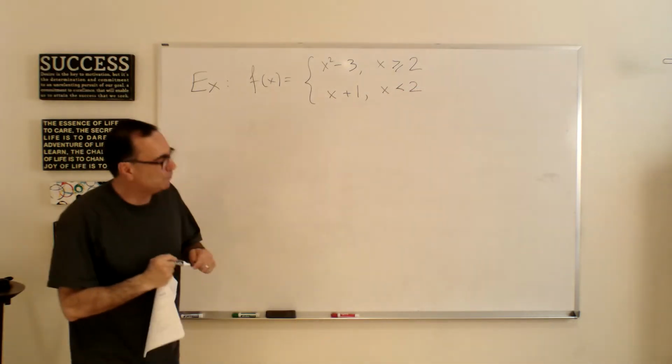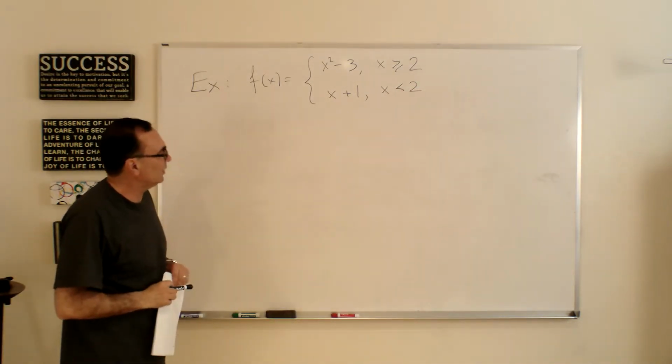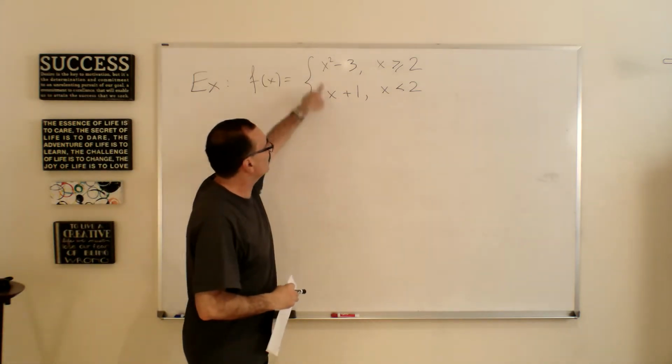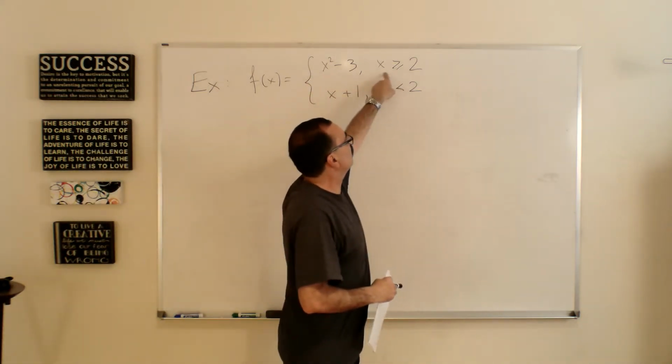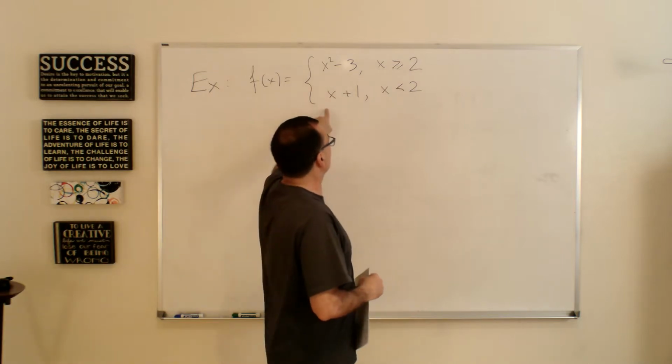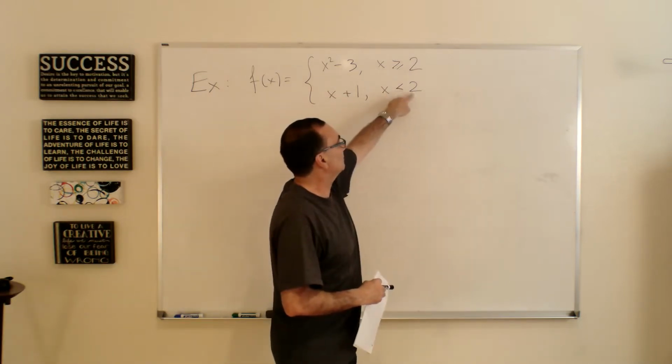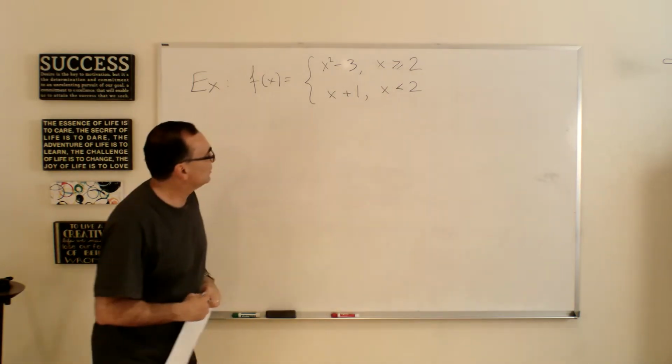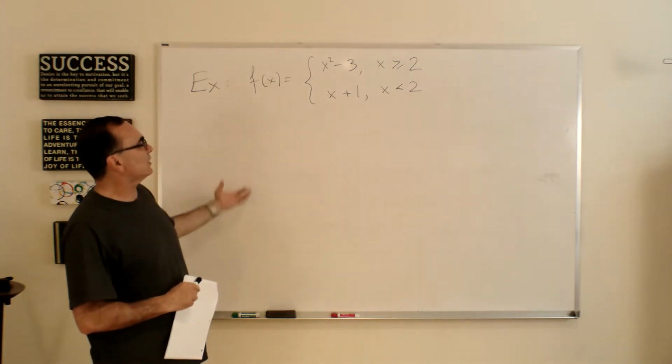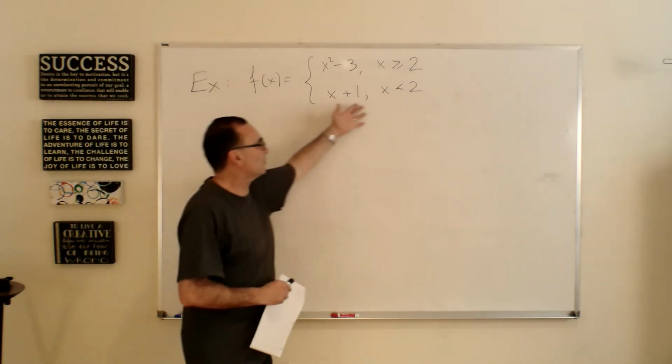Now this is an example of a function that is not expressed with a single formula. It is expressed with two separate formulas, one formula for x values bigger than 2, and the other formula for x values smaller than 2. And because it's not a single formula, we cannot reason that this function is therefore continuous.